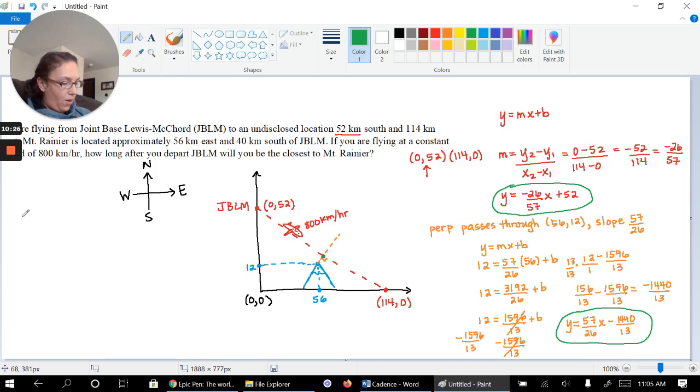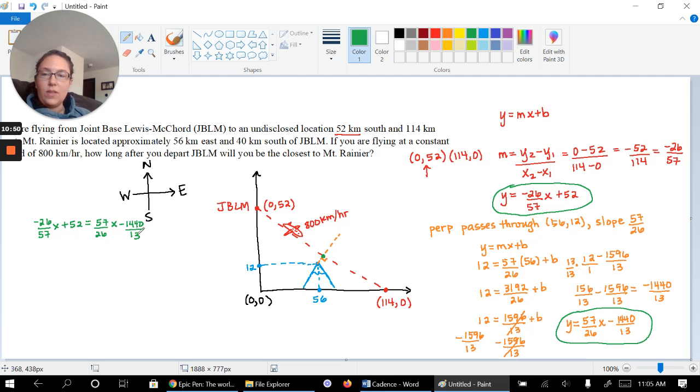So the way we find out where those two lines intersect is we set them equal to each other. So negative 26 over 57x plus 52 equals 57 over 26x minus 1440 over 13.